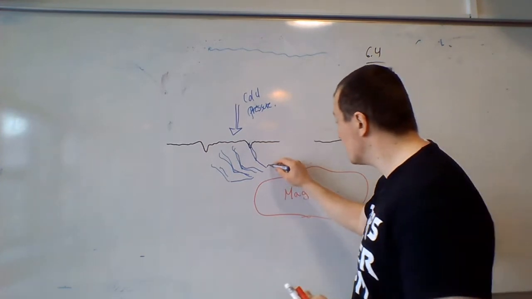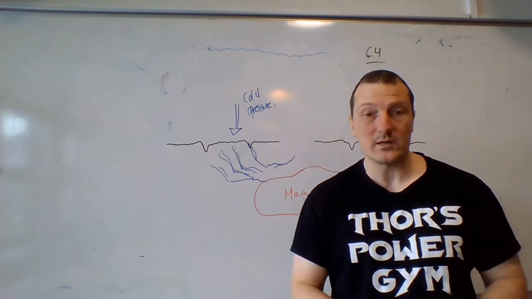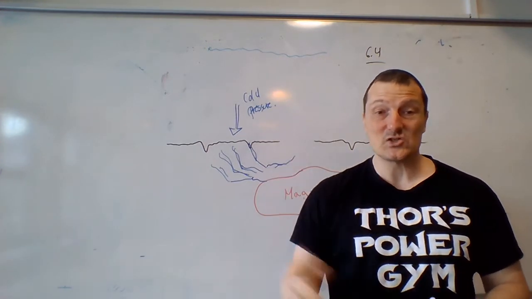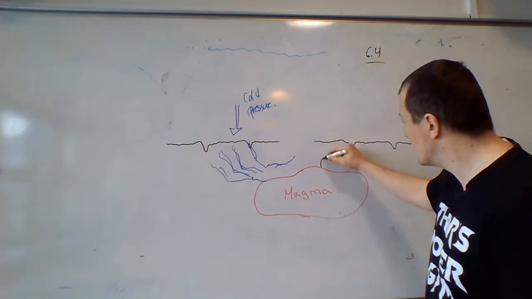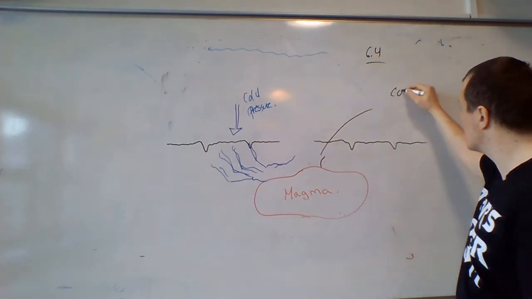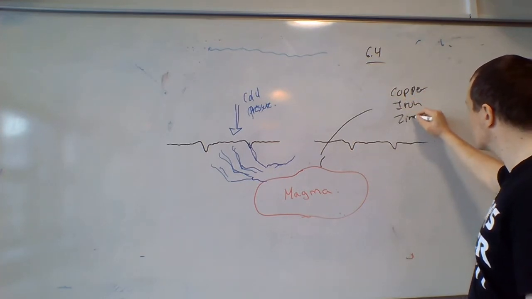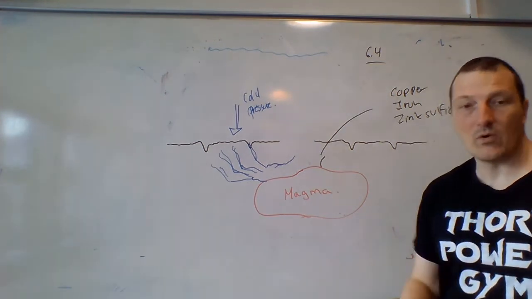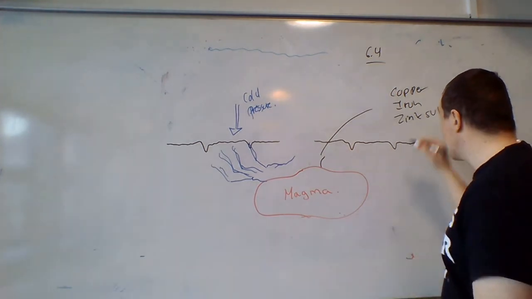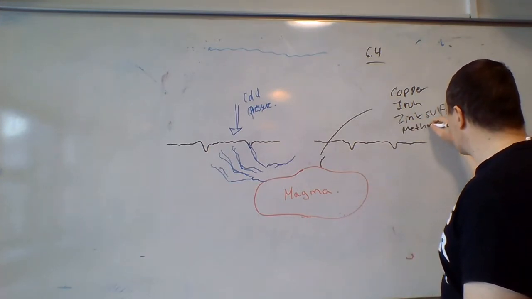Now the water here, the superheated water, because it is so hot, it can now dissolve a lot of ions in it. So in here, we'll get a lot of copper, some iron, some zinc, sulfides, but also more volatile stuff like methane and hydrogen sulfide.